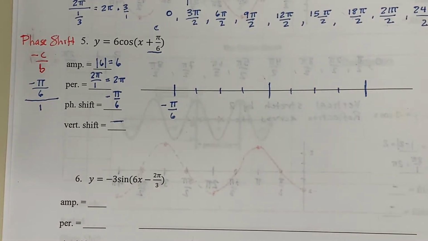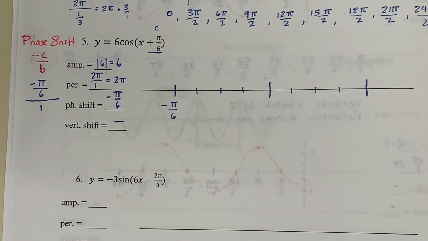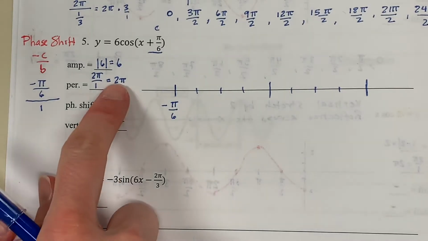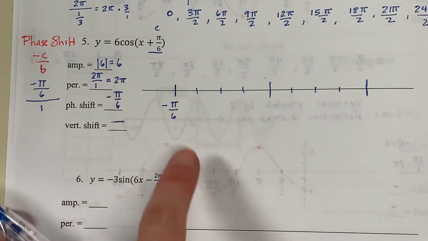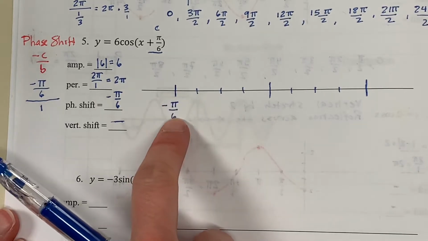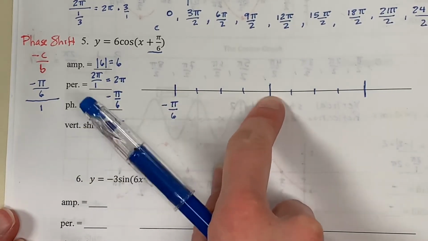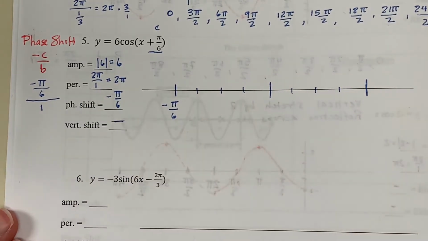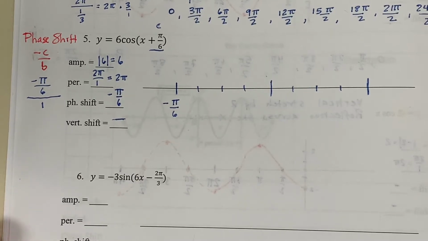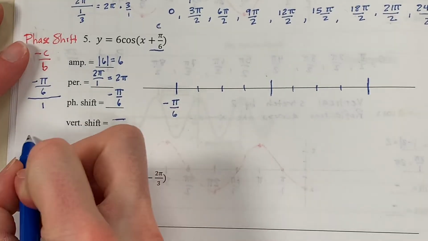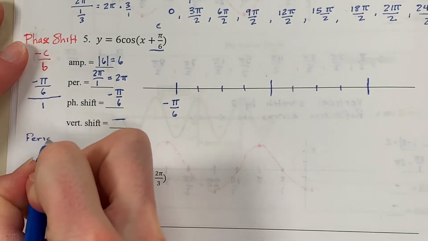Now, this is where the calculation period divided by 4 really comes in handy, because my period does not end at 2 pi. That is just the length between negative pi over 6 and this end value of the first cycle.